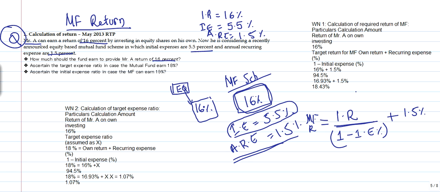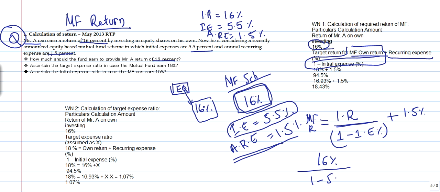So 1.5 will be added. 16 percentage divided by 1 minus 5.5 percentage, plus 1.5, you will get 18.43.